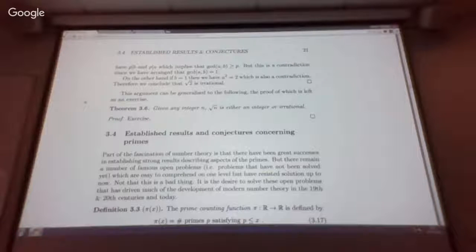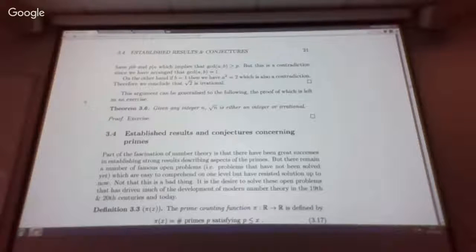So either you have a very nice square root, namely another integer, or you've got one of these weird square roots, an irrational. I'll leave that proof to you as an exercise. It's basically replaying that same argument there, but with n in the place of 2, and talking carefully about the case where maybe sometimes it is an integer. But if it doesn't qualify as an integer, then it qualifies as an irrational.